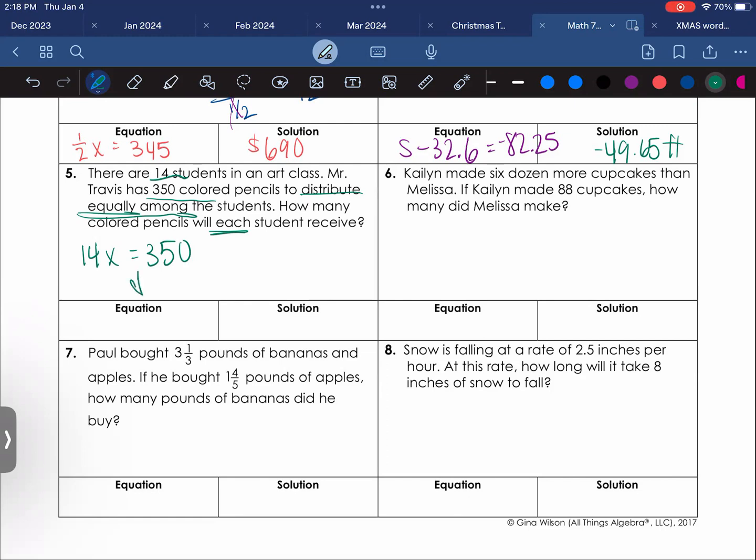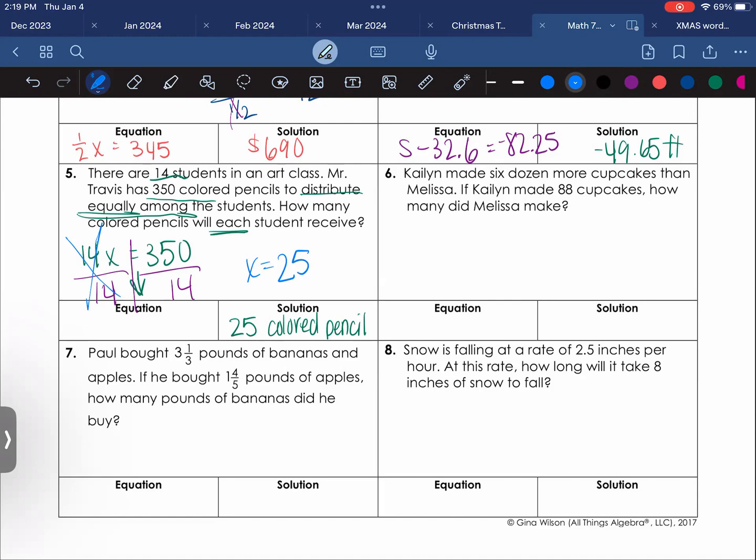So there's my equation. And then our solution should have been 25 colored pencils, because we will divide by 14 on both sides. So divide by 14 over here, divide by 14 over here. These cancel out, and you're left with just x equals 25.